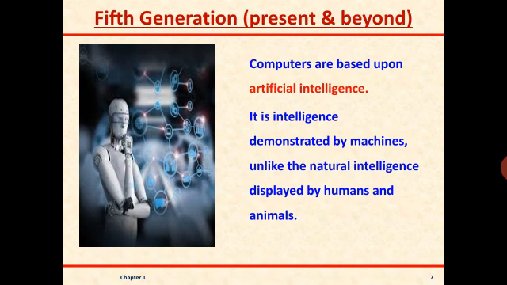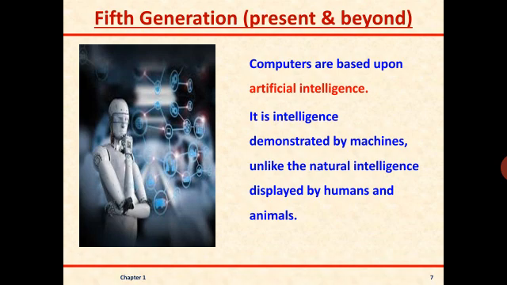This intelligence is demonstrated by machines. Just as human beings and animals have their own intelligence, this is artificially developed and displayed by robots. This fifth generation of computers will come close to bridging the gap between our computing or calculation and our thinking ability.